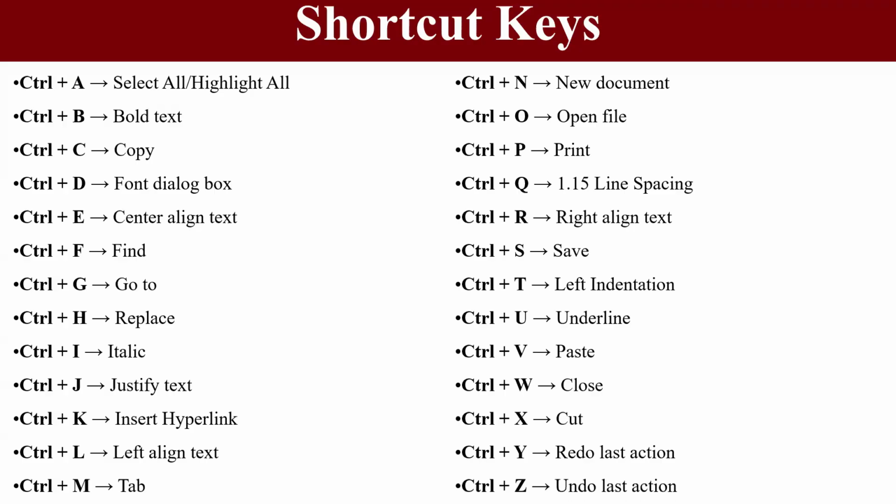While Control Z is to undo last action. Undo last action is to go back to whatever you deleted. Let's say you are writing Hammad technologies, then you delete technologies. Then you realize that no, you need that technology.